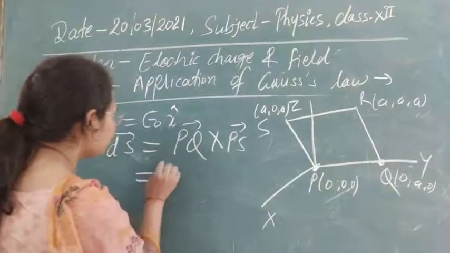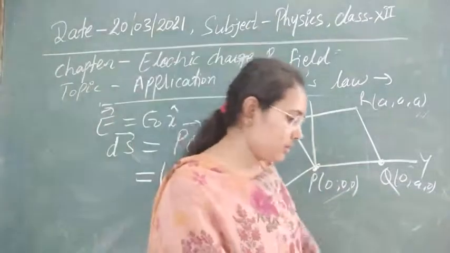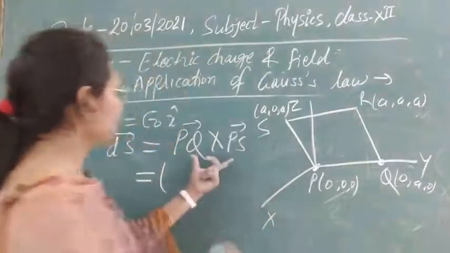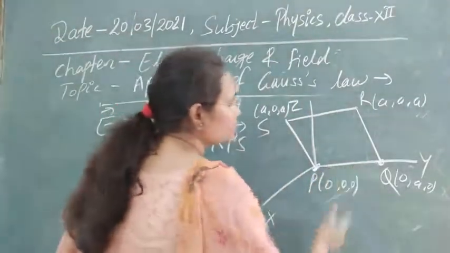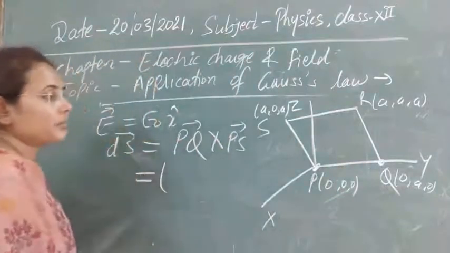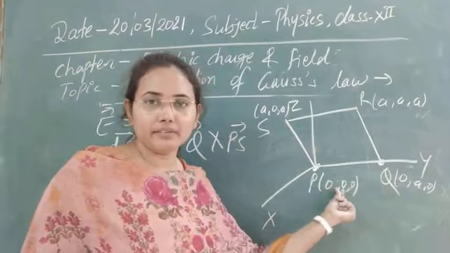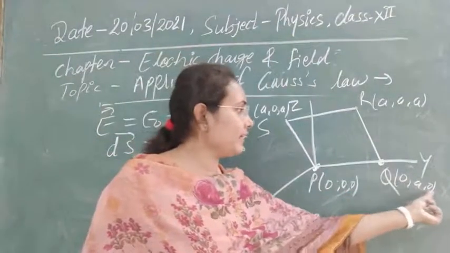Or simply you can take a dot product also here. No, we have to take the cross product. So for PQ, that is the distance between these two points, in vector terms, let's associate x with this, y with this, z with this, with x cap, y cap, z cap.